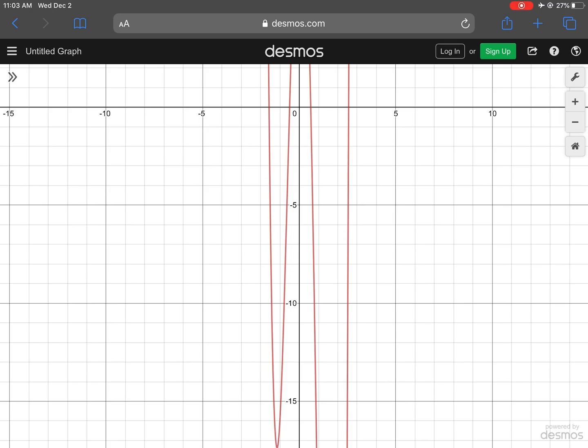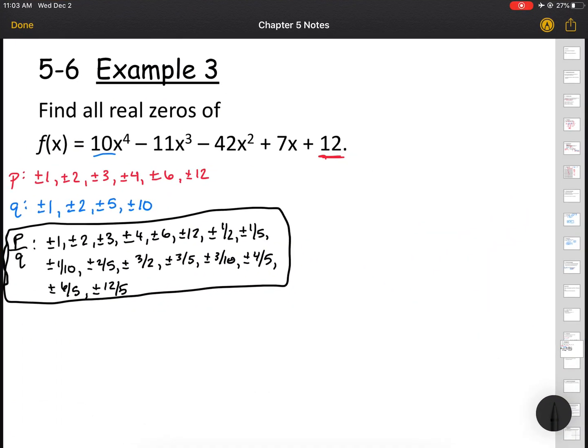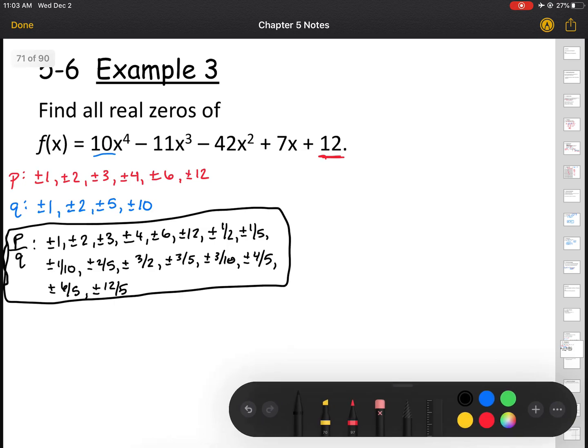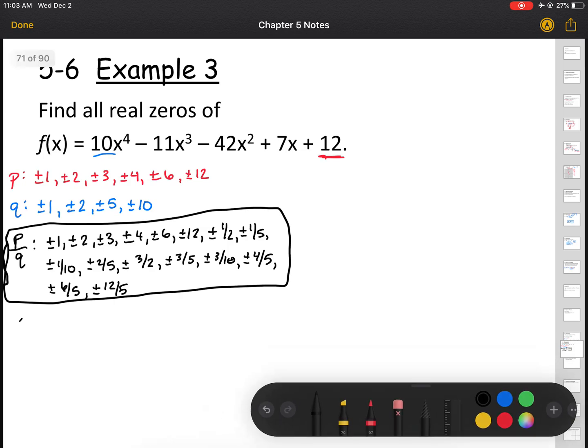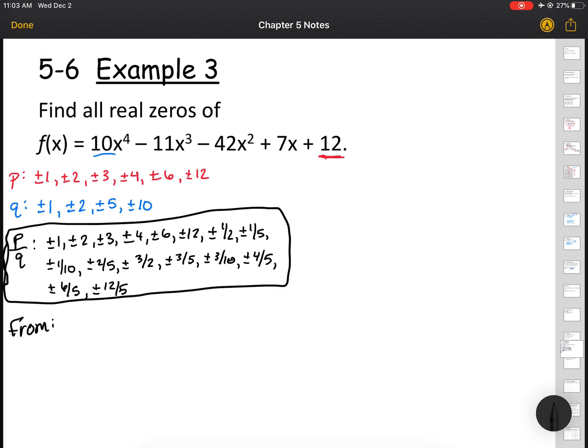So if I go back over to my notes here, we're going to pick out the ones that are lying close to that. So I'm going to try from the graph. We're going to test the values -3/2, which was between -1 and -2. And then we're going to test -1/2. And we're going to guess 3/5 because that was in between 0 and 1. And then finally 12/5 since that was in between 2 and 3.